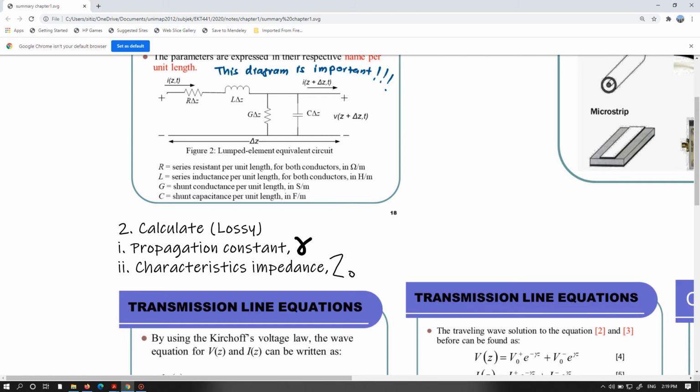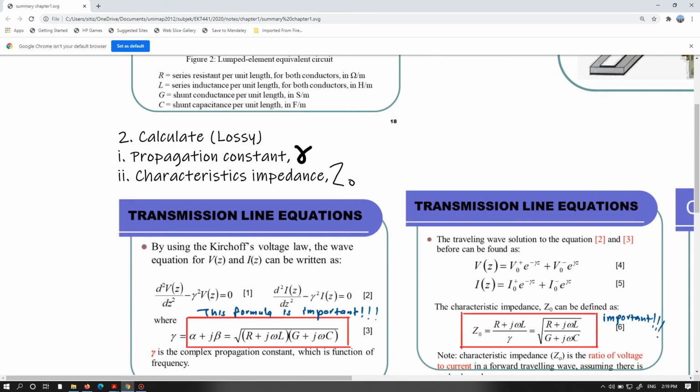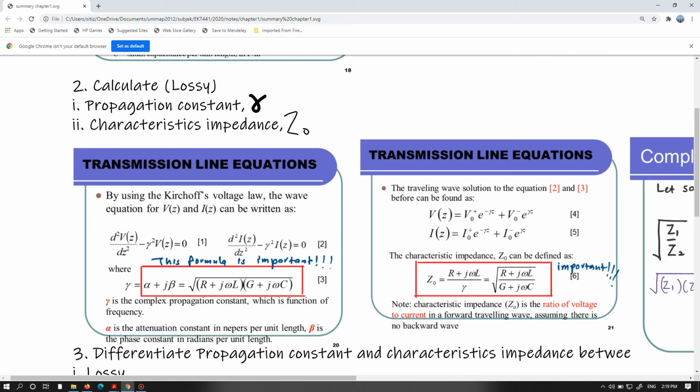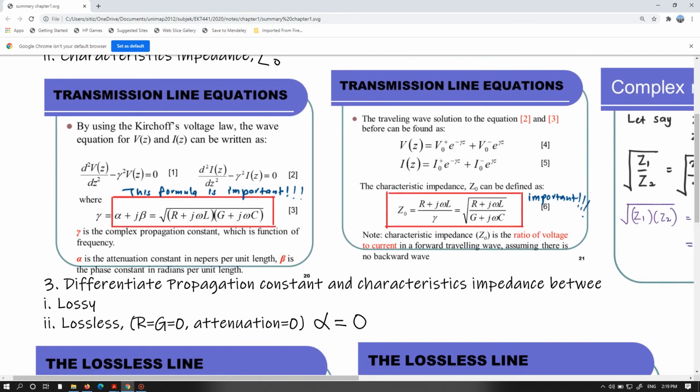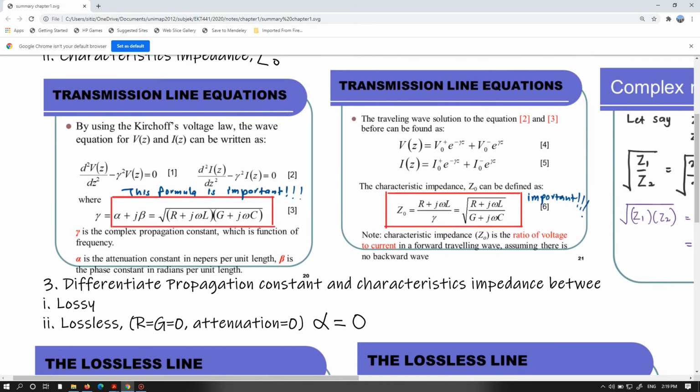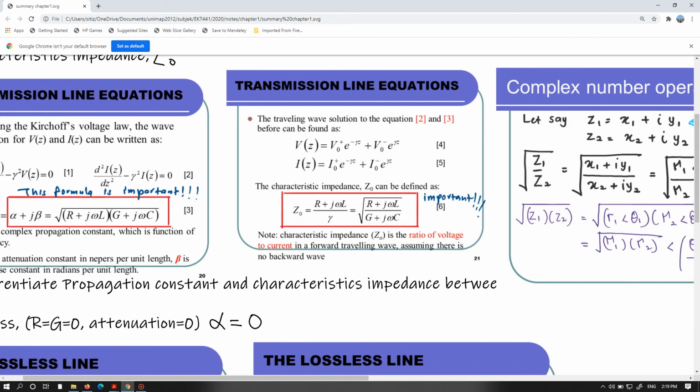After you know the lossy characteristics of your transmission line, either the propagation constant or the characteristic impedance, then we can simplify this transmission line by assuming it is lossless, meaning that it is ideal, there is no resistance. This is the formula of the propagation constant and the formula of the characteristic impedance.